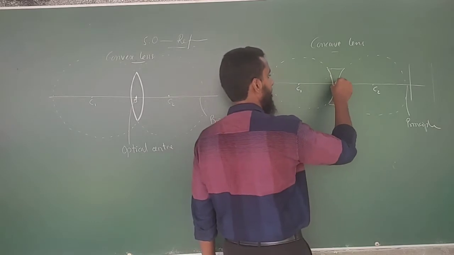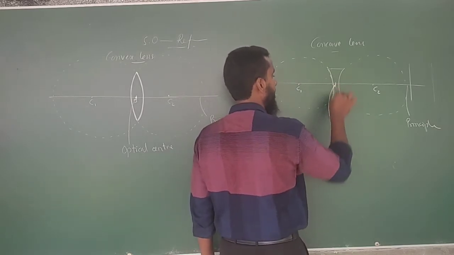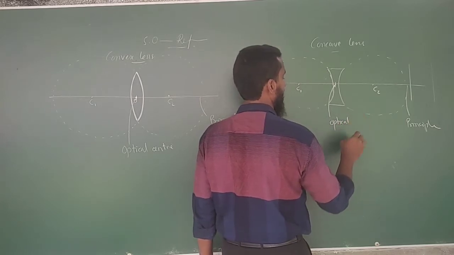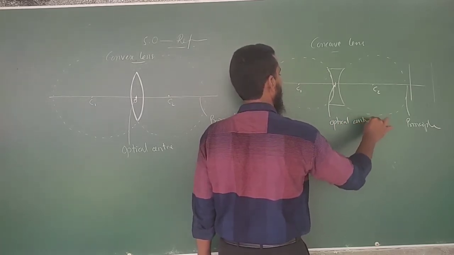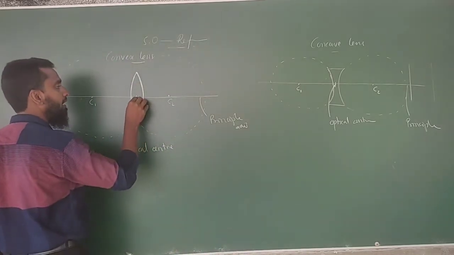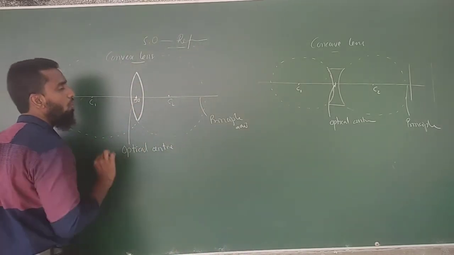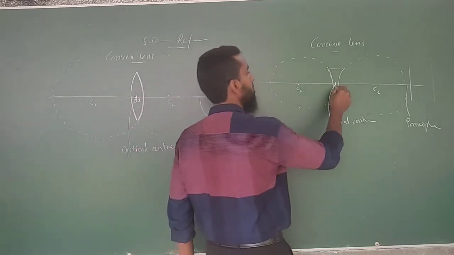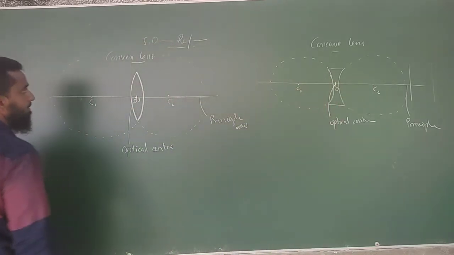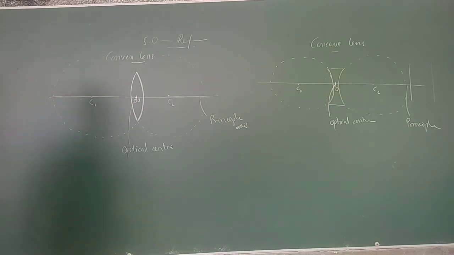Then you are going to have an optical center here as well. Normally it will be labeled as O, here also O. That is the second part of the diagram.